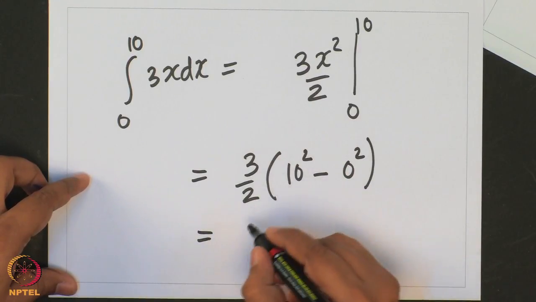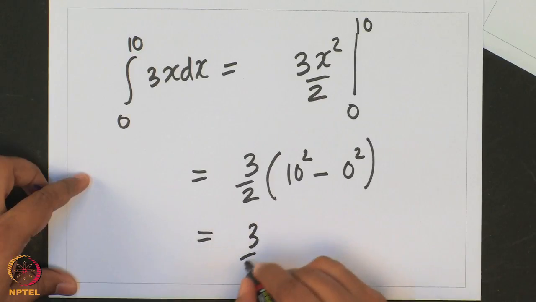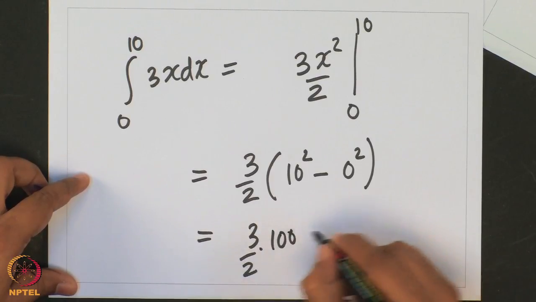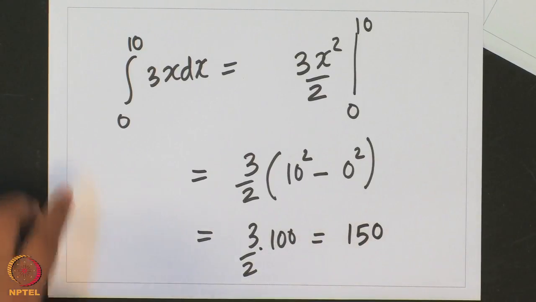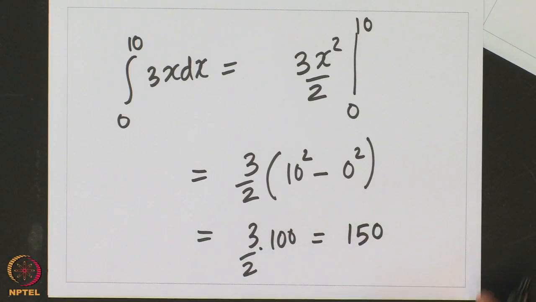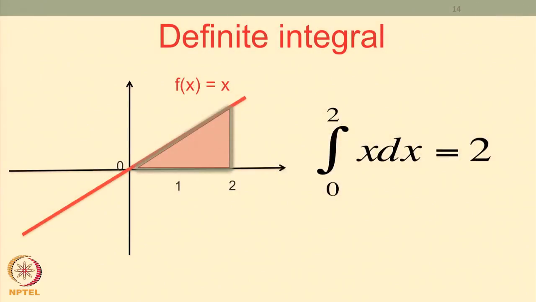So this will turn out to be 3 by 2 times 100, which is 150. So the answer of this will turn out to be 150, and the answer of the other one, 0 to 2 of x dx, will turn out to be 2.